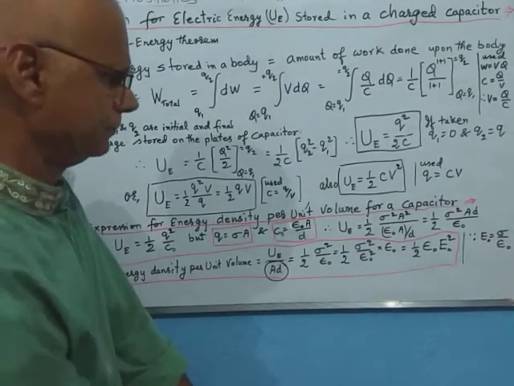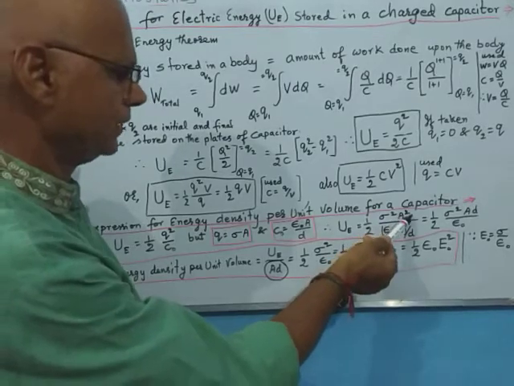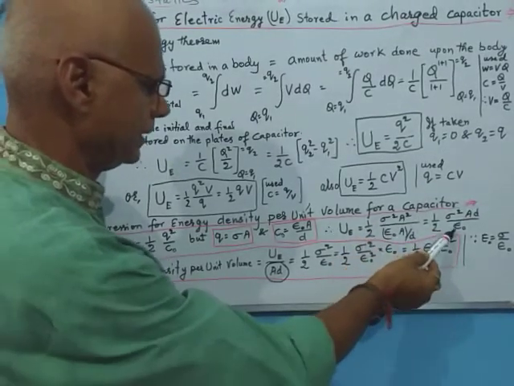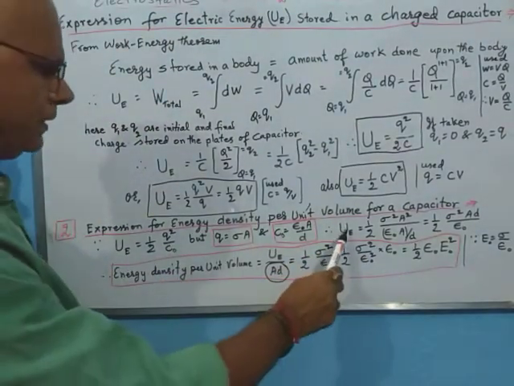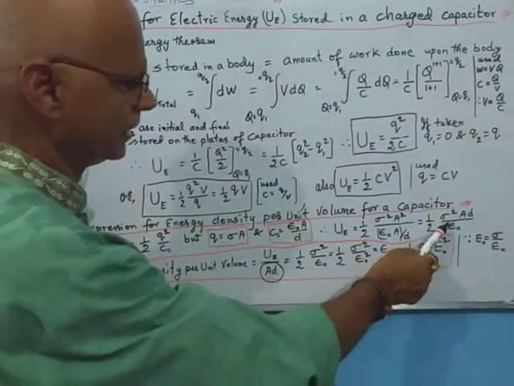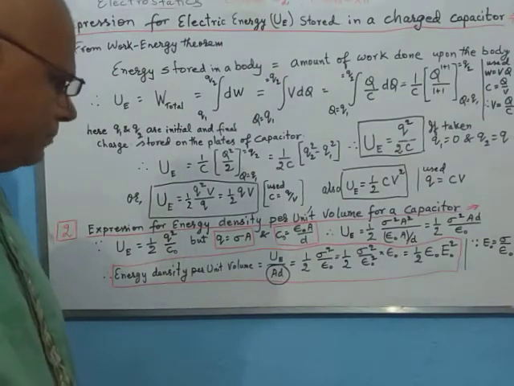The D reciprocates and goes in the numerator, so it becomes AD, and sigma square and epsilon naught are already there. So we have a new format of expression for electric energy in terms of surface charge density and permittivity of the medium, air medium.